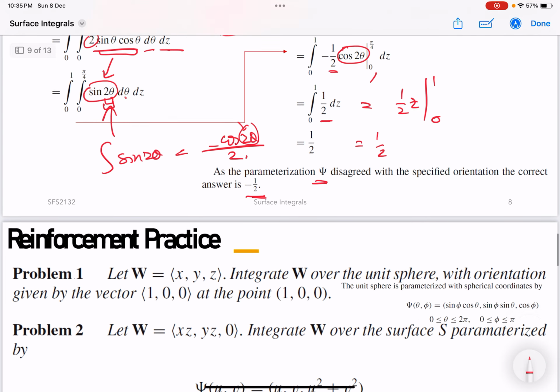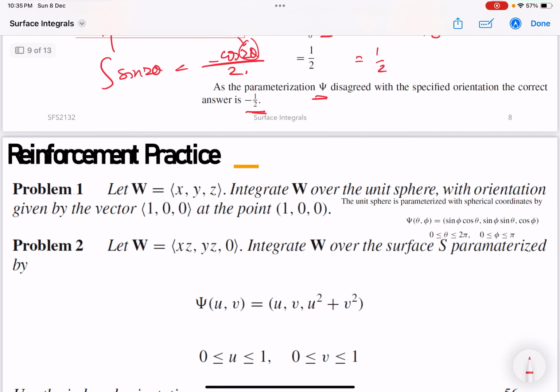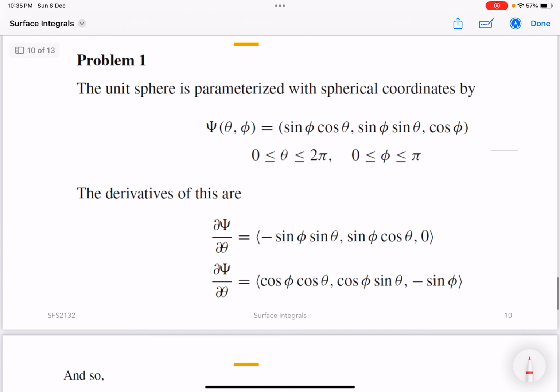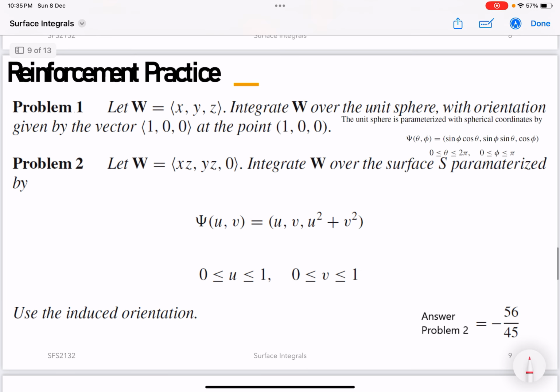All right, so this is the example part. I know it's not too complicated, but there are quite a lot of things. You need to do it step by step. Okay, so for the problem, I already put the solution here.